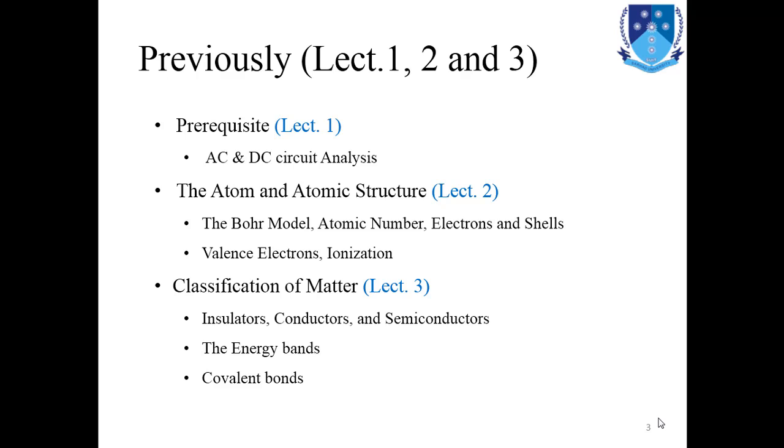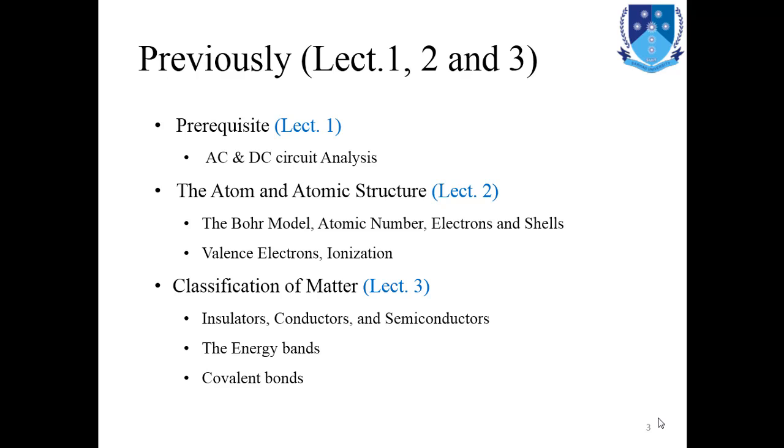Or we can say that semiconductors are those materials which have some properties of insulators while some properties of conductors. Or we can say that semiconductor material is neither a good conductor nor a good insulator.